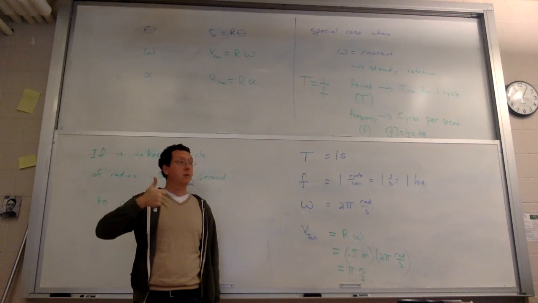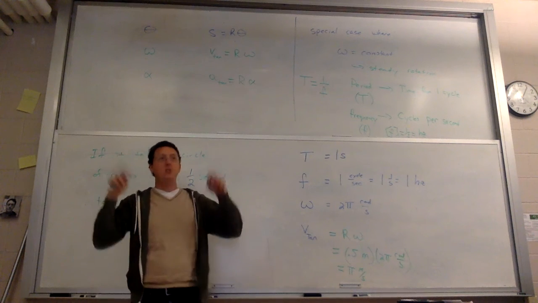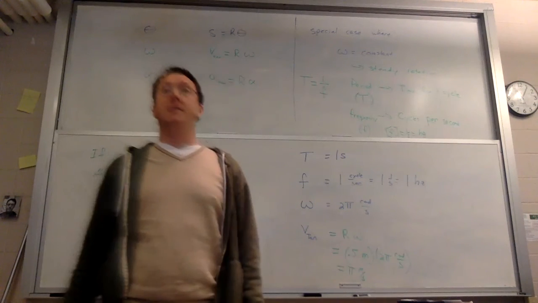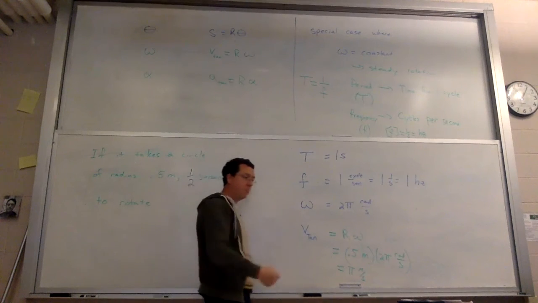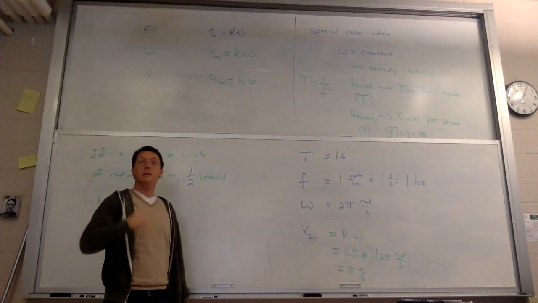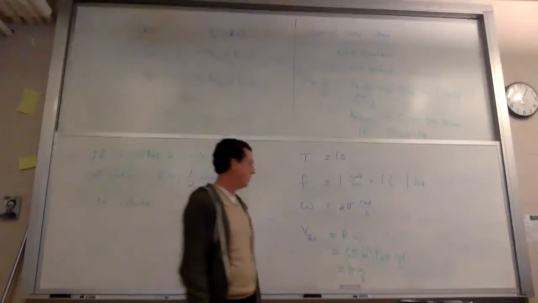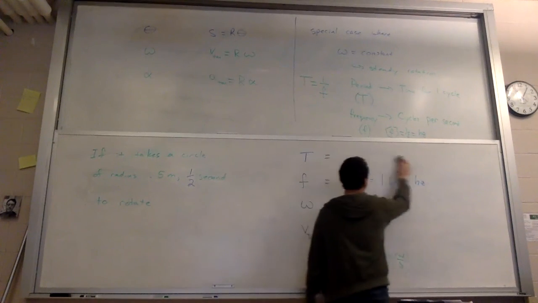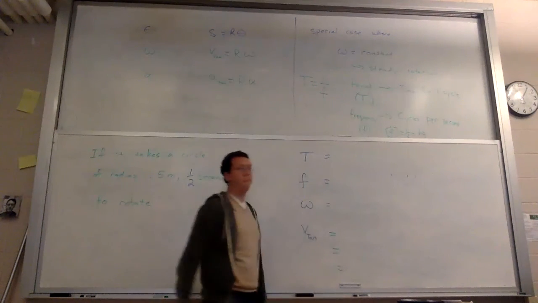If it takes less time to go around, each second buys you more cycles. What about the angular velocity? It takes less time to make a full rotation, which means you must be sweeping through more radians per second. So it's bigger. And therefore, you're going to get a bigger tangential velocity. So go through and recompute these numbers now.